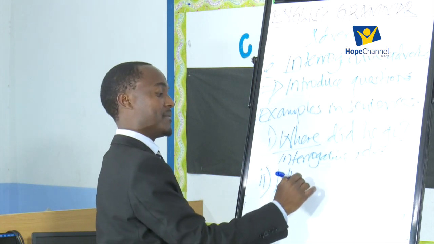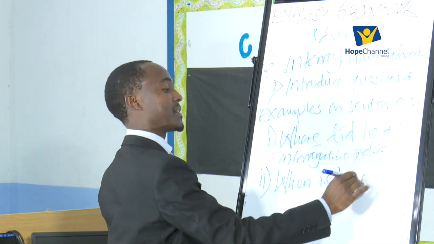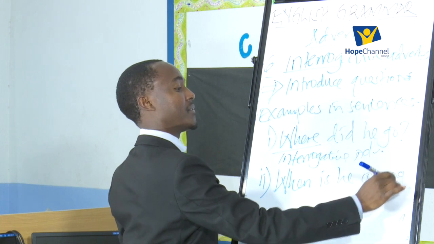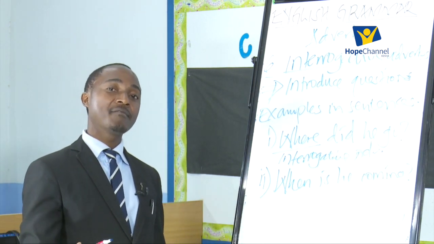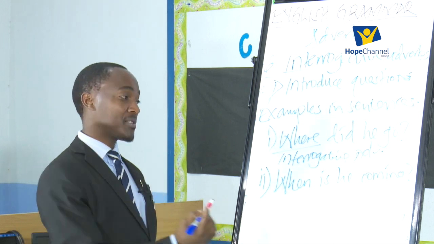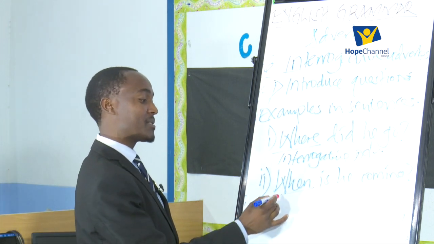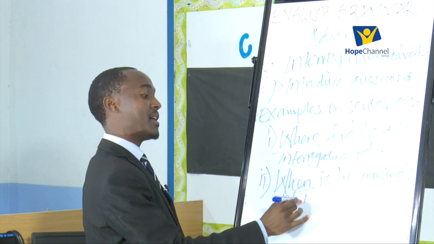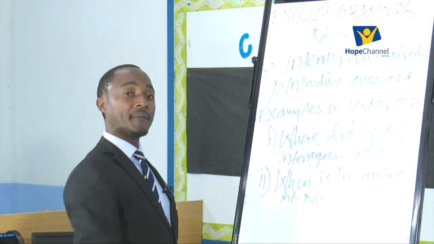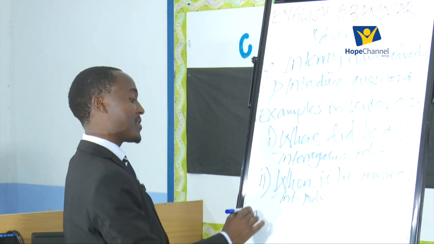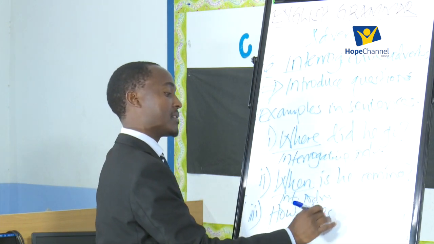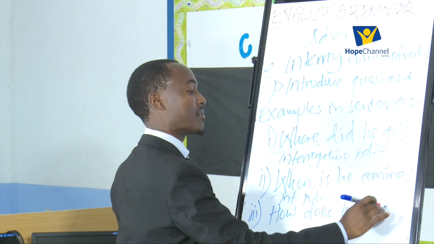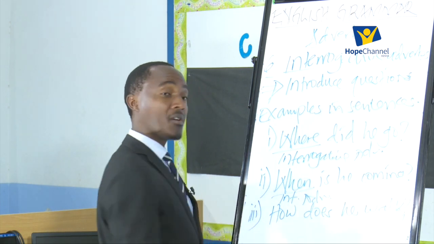When is he coming? So leading us to identifying an adverb of time, but now because it's asking a question, when becomes now our interrogative adverb. Or another example that we could have is, how does he walk?